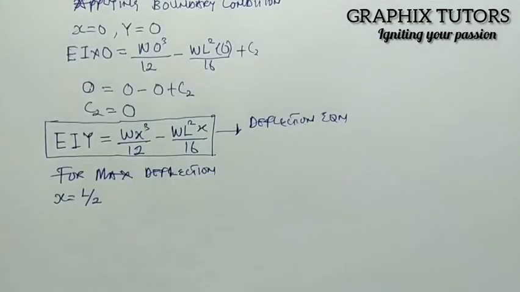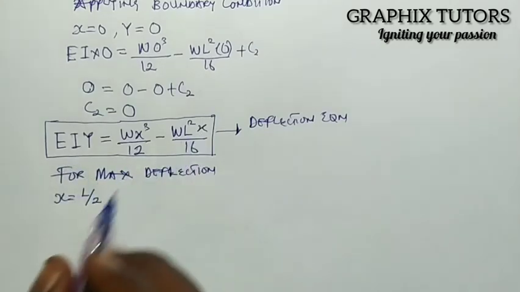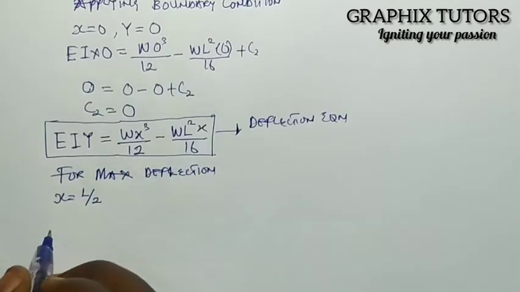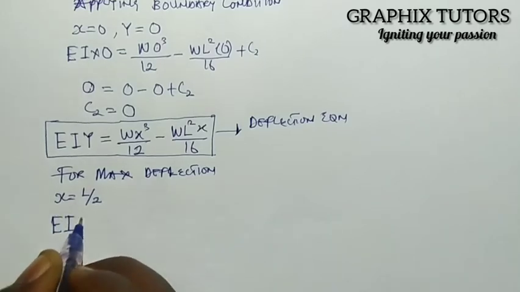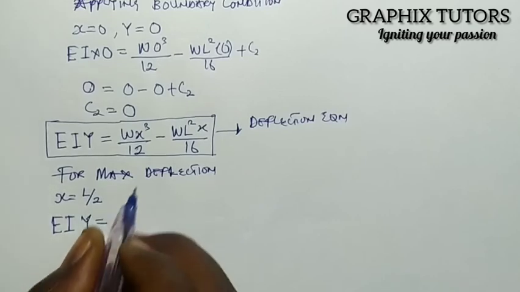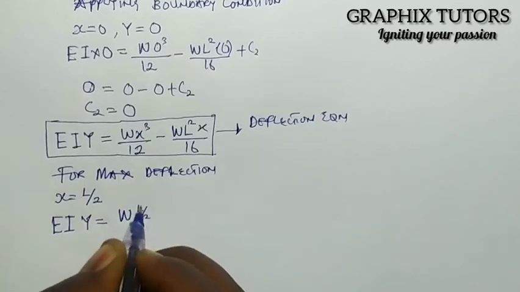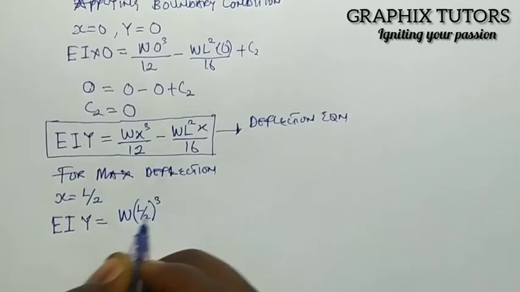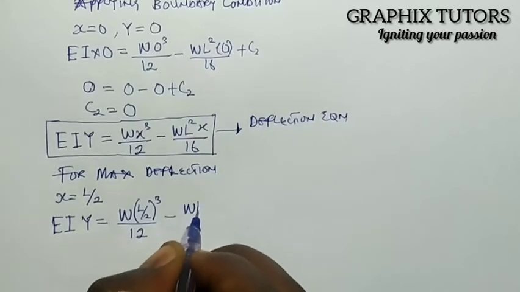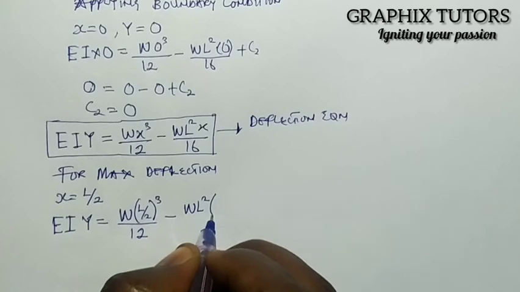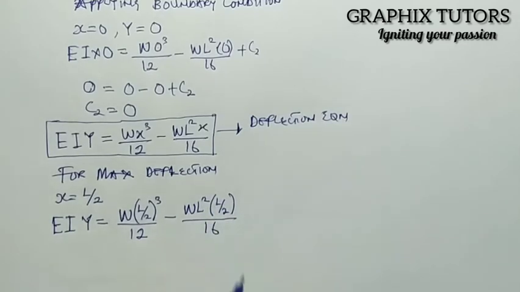So what we'll do here is we'll be having EI y equals to w, our x is L all over 2 to the power of 3, everything over 12, minus wL square into bracket L all over 2, everything over 16.